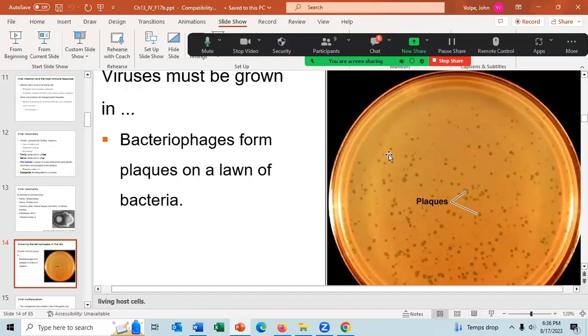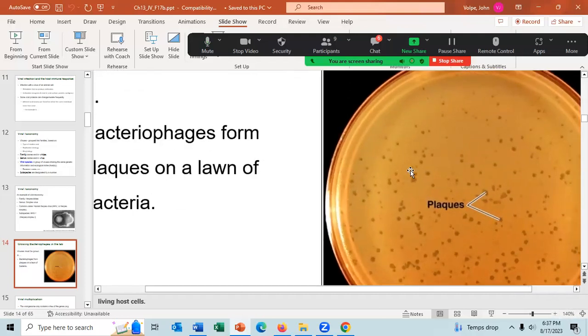And what happened to the viruses that came out of that cell when it was lysed? They go to neighboring cells. And then they infect those cells and replicate in those cells. And then they burst that cell and go out of that cell and they go to more neighboring cells. That gives rise to a plaque, which is seen here.